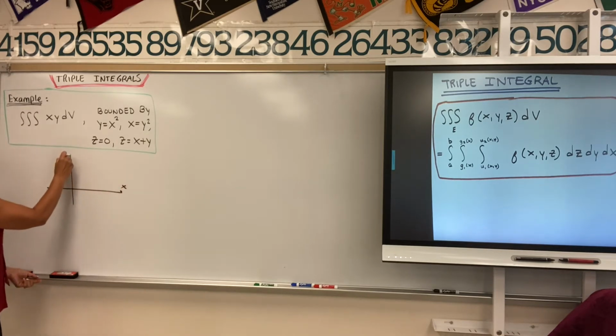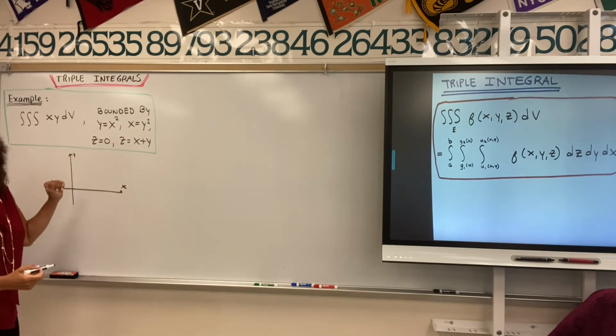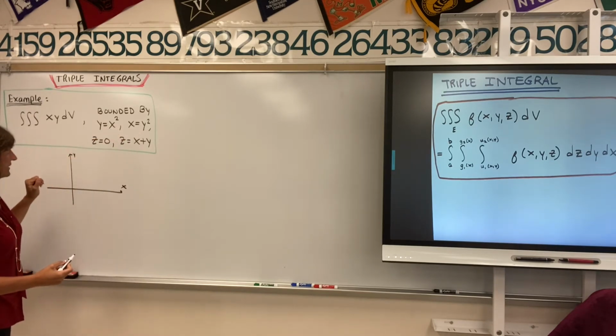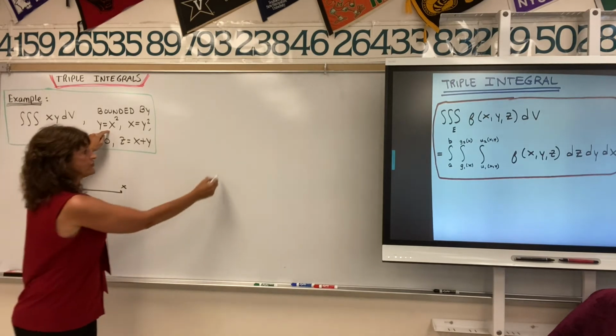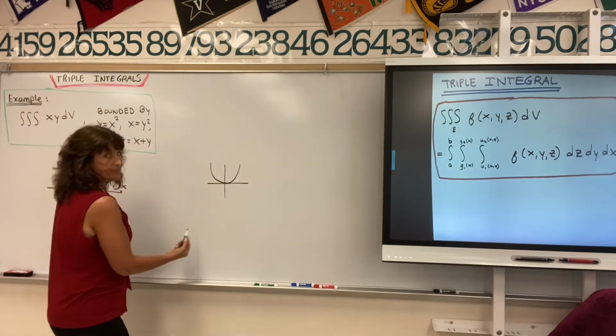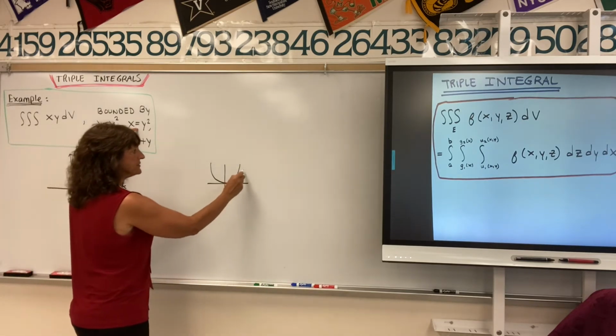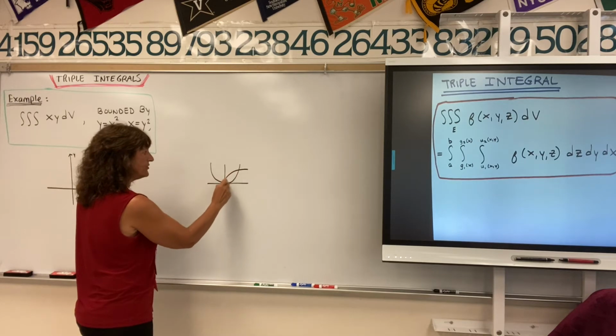So here's my base. I'm just dealing with x and y, so I'm going to draw a two-dimensional picture. You have y equals x squared, remember that's your parabola, which sits on the origin. And then x equals y squared is also a parabola, which hits the origin, but opens to the right.